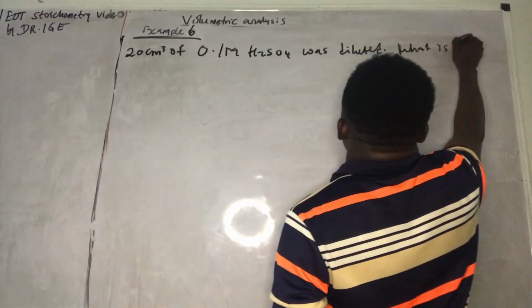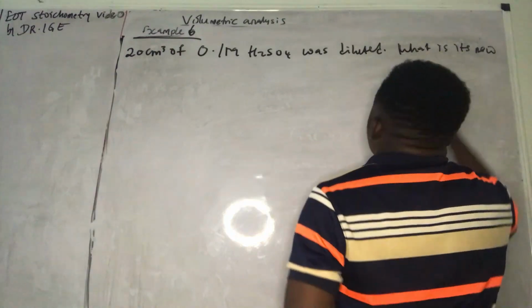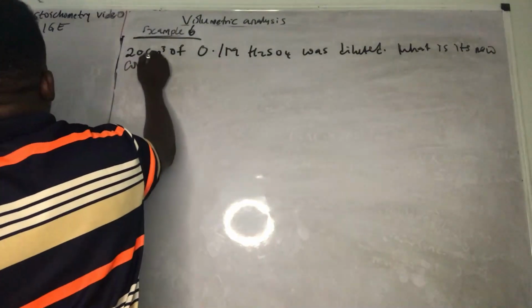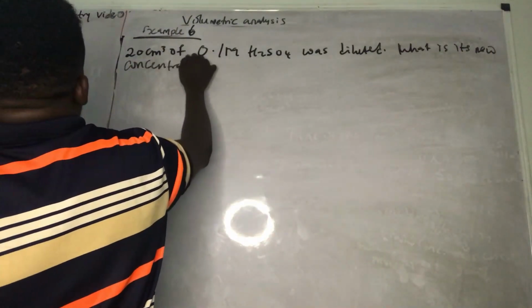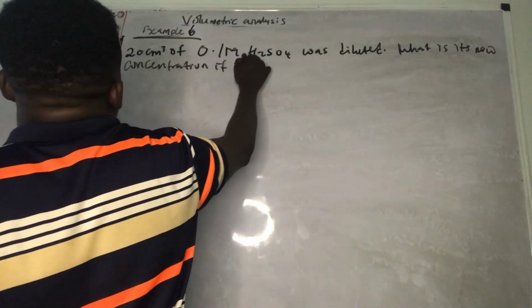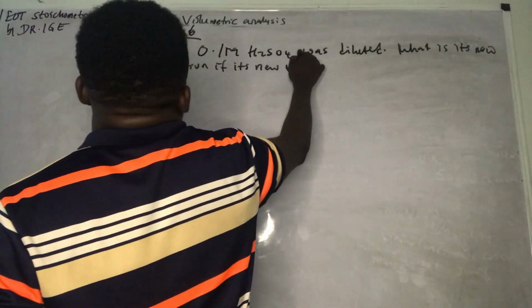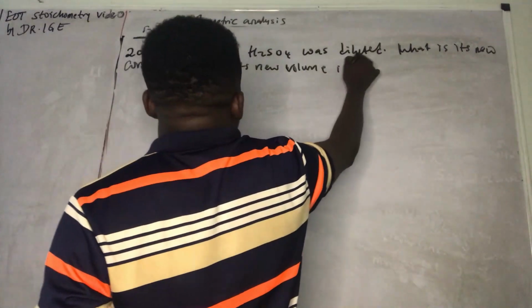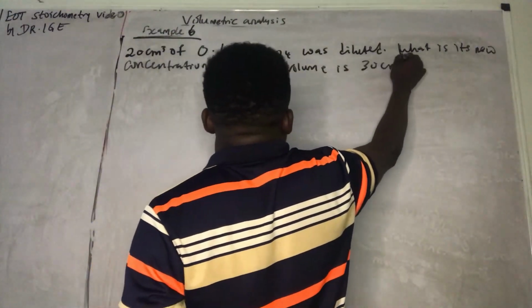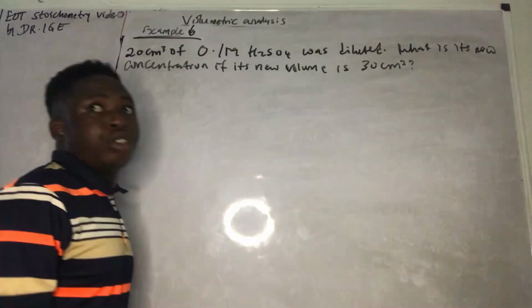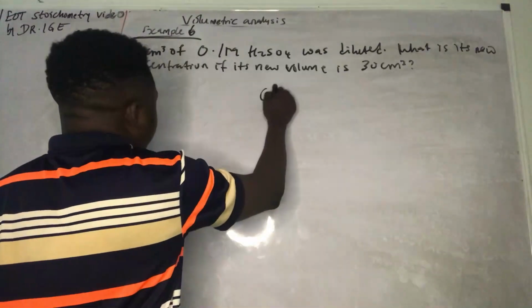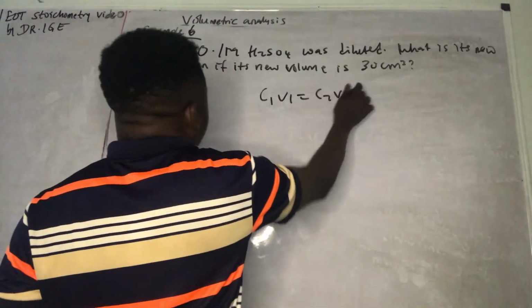What is its new concentration if its new volume is 30 cm3? That's just based on dilution.